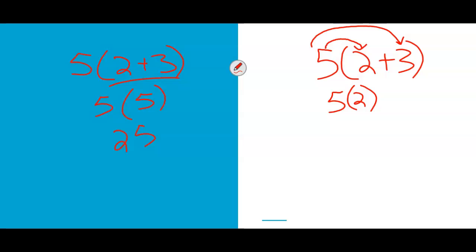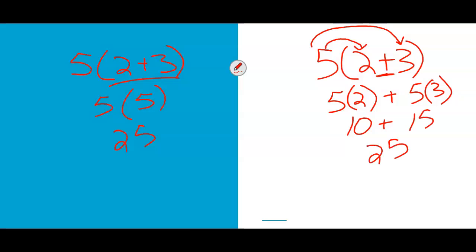What operation do you think is going to be between those two? Jordan? Good, multiplication, 5 times 3. What operation is going to be in between these two now? Lila? Addition, because there's addition right here. What is 5 times 2 altogether? 10 plus, what's 5 times 3? 15. You get an answer of 25. It's the same thing, you get the same answer.